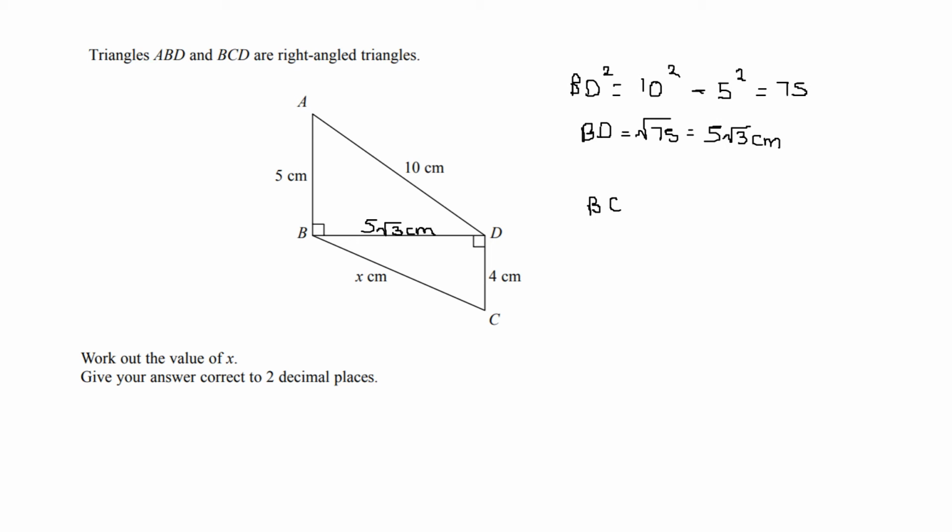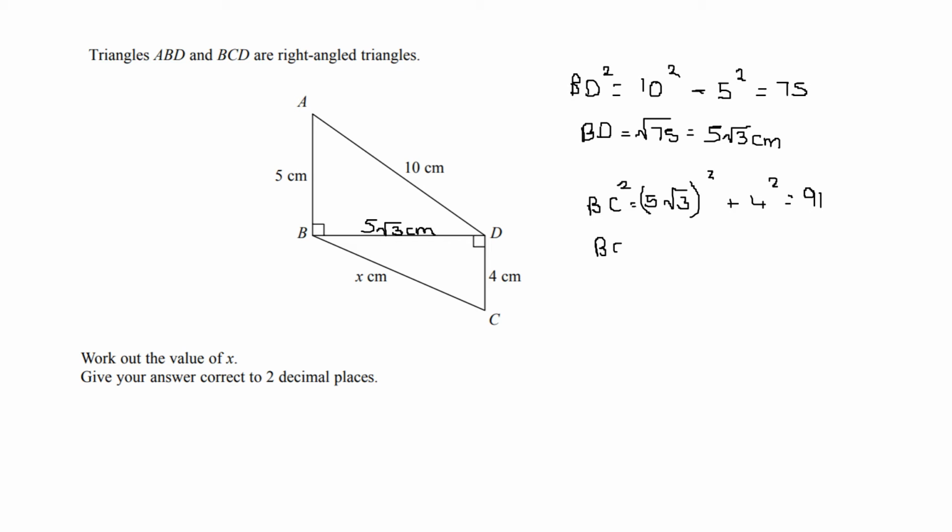And then we have BC, and that is the hypotenuse, so we're going to square and add the other 2 sides, which will give us 91. I'm sorry, that should be squared.